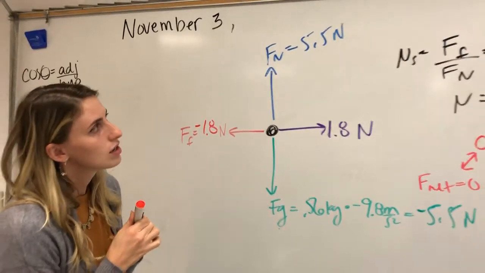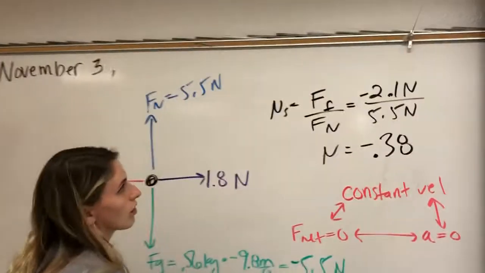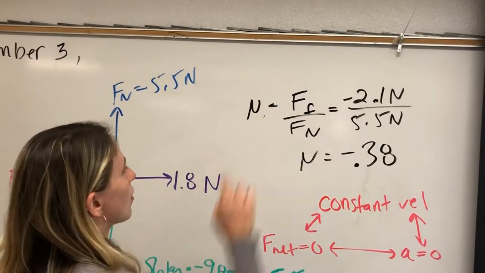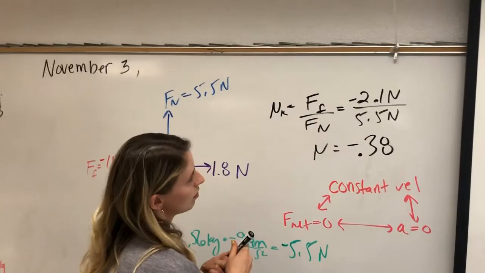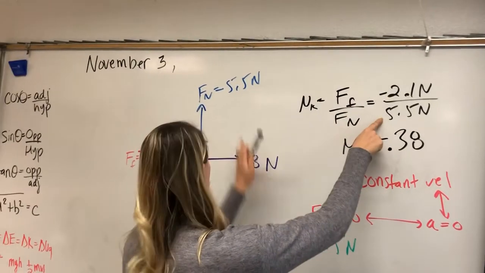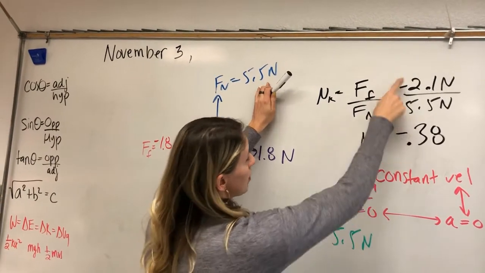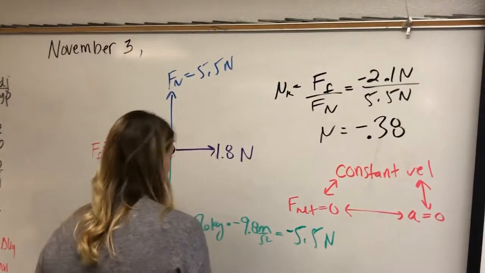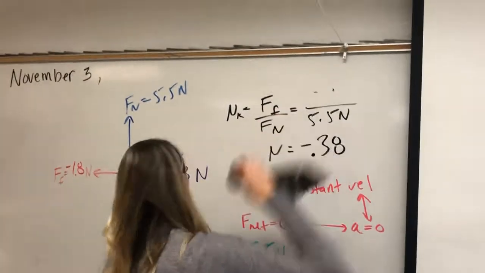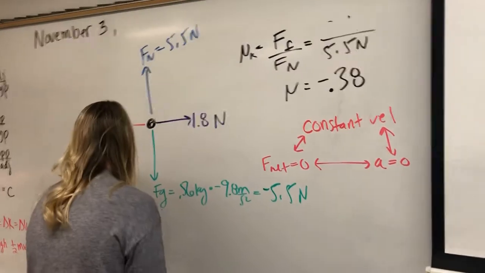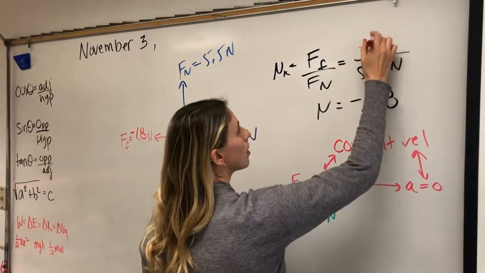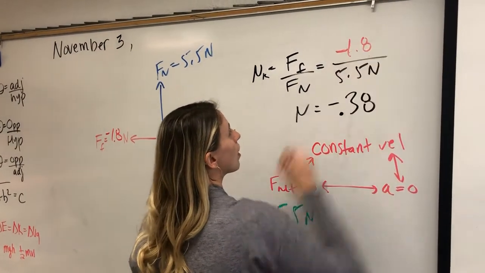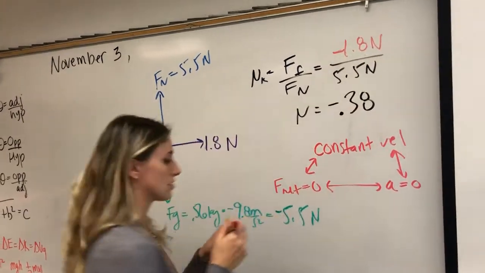So now, what's the same? What's different? We're going to find the coefficient of friction. Now it's kinetic friction. Only difference. The normal force is the same, but this number up here is different, and it needs to be negative 1.8 newtons.